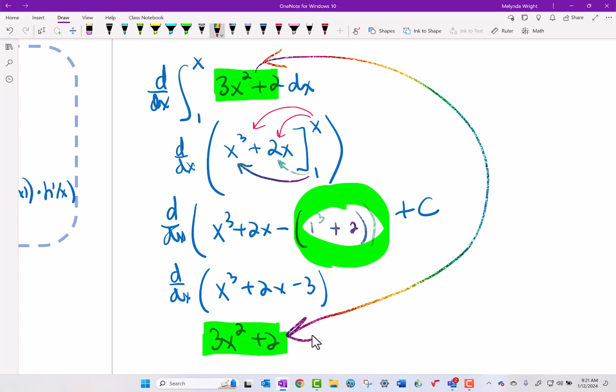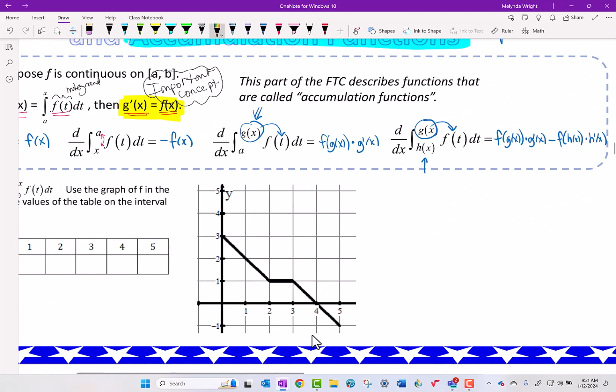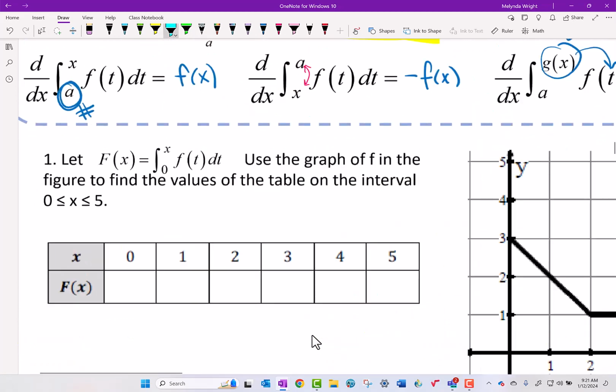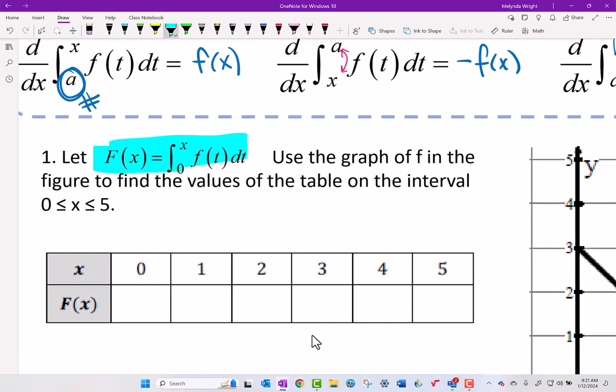All right. So let's now investigate, what does it mean to be an accumulation function? What does that even mean? Okay, so let's go back to this one right here. What is an accumulation function? Okay. So this here is basically a picture of an accumulation function.